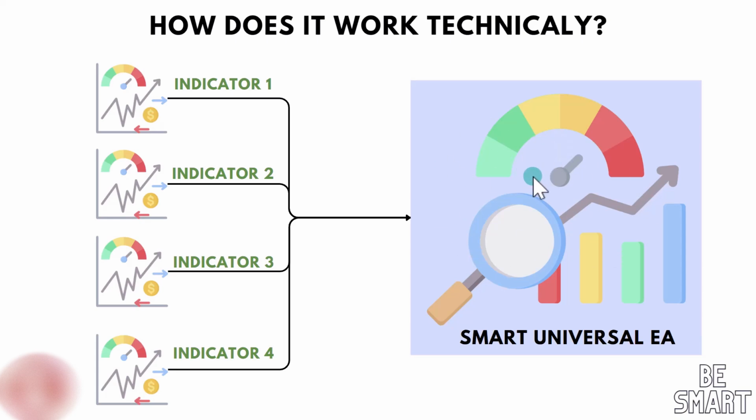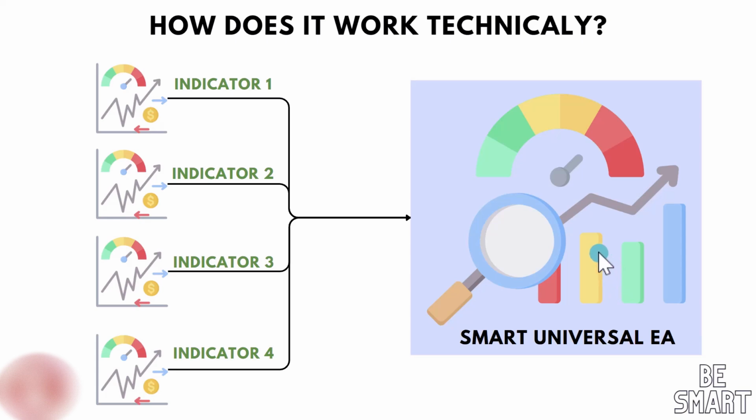So you have the Trend Breakout Catcher already integrated and built into the Smart Universal Expert Advisor, and you can use, for example, a technique that would open trades on signals and exit on the opposite signal. That's one strategy. So you have unlimited combinations of techniques that you can use, and each and every combination of settings would create a different strategy, and that's something that you want to pay attention to.